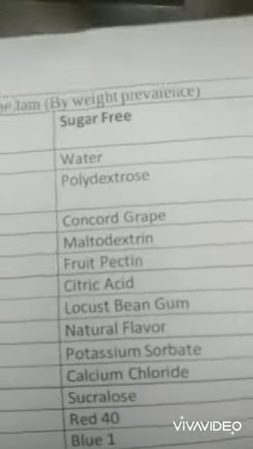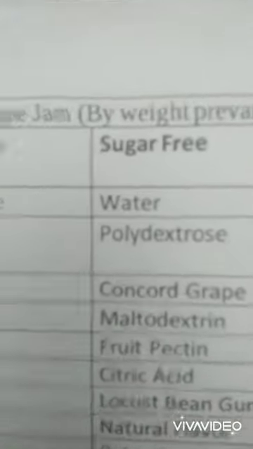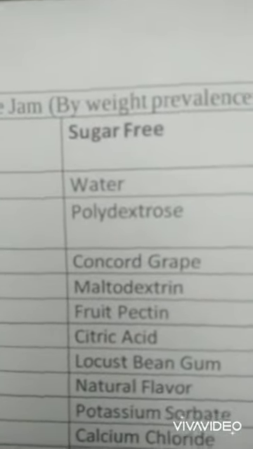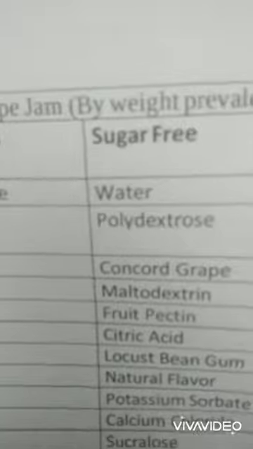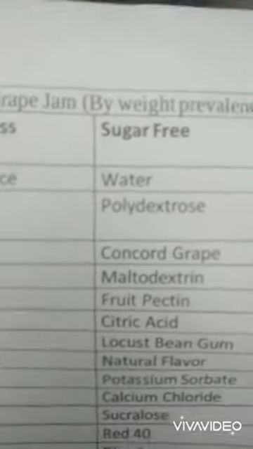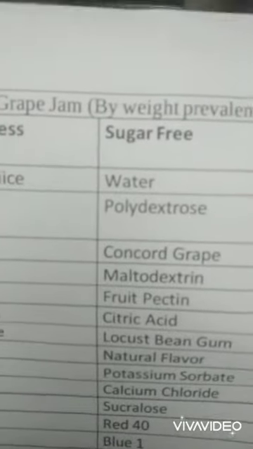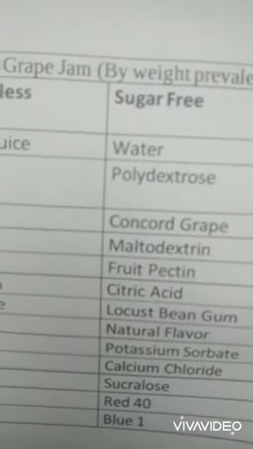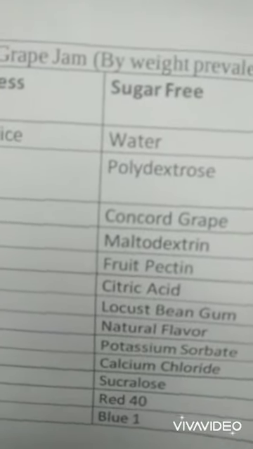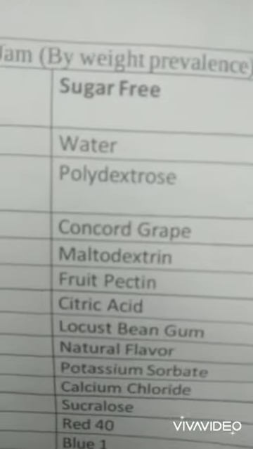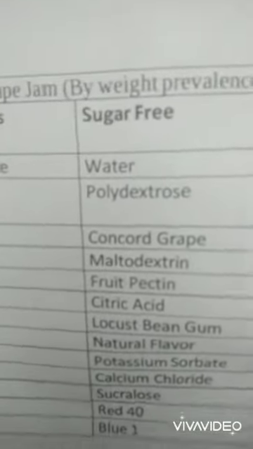And the last one, like you can see right there, uses water, polydextrose, Concord grape. This is a jam again, so it does use fruit for real, although the sugar-free one has a little note in the label that says the amount of Concord grape adds a trivial amount of sugar, less than 0.5 grams per serving.